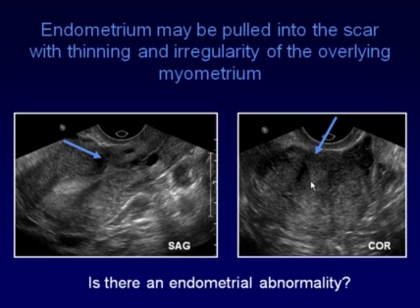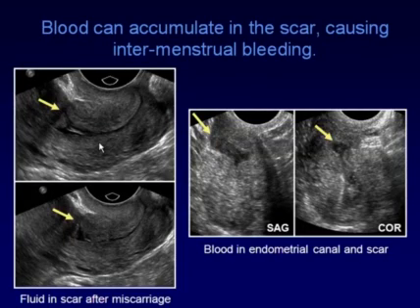And once you realize that this is the site of the cesarean section scar, it's clear that the endometrium is being pulled into the site of the scar where there is thinning and irregularity of the overlying myometrium. So there's nothing intrinsically wrong with the endometrium, it's just pulled and tethered into the scar.